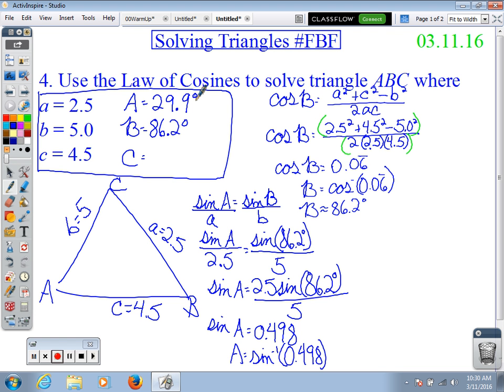Now, we can use law of sines again to find angle C, or we can use a simple fact about triangles that their angle measures have to add up to 180 degrees. So just take 180 degrees, subtract the other two, 86.2 and 29.9, and we'll get that last angle measure, angle C, is about 63.9 degrees.